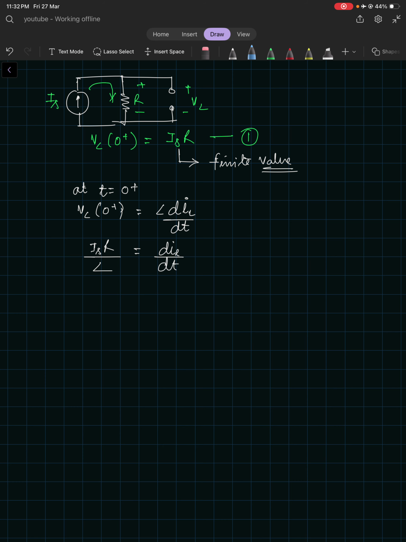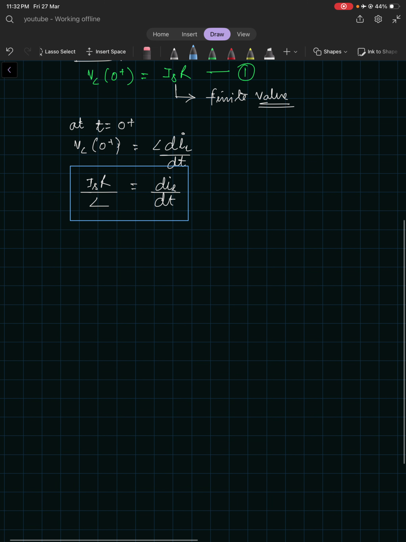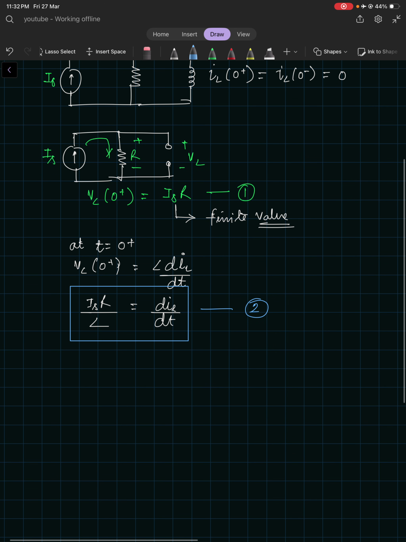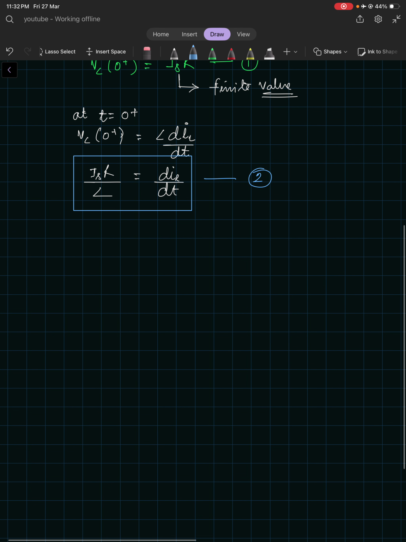So let's see what this equation wants to say. Let's call it equation number 2. I think 1 was there, 2 is here. Everything is finite here, so this is a finite quantity.